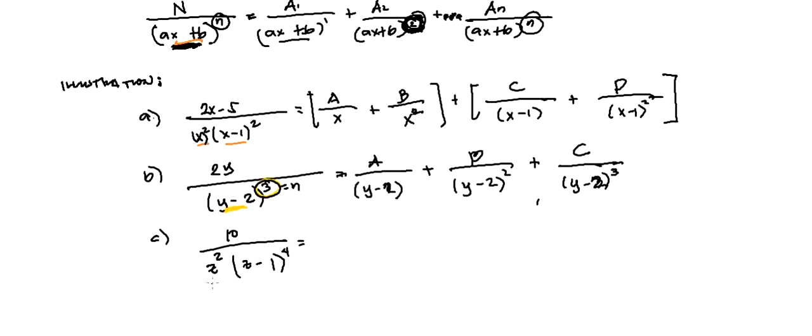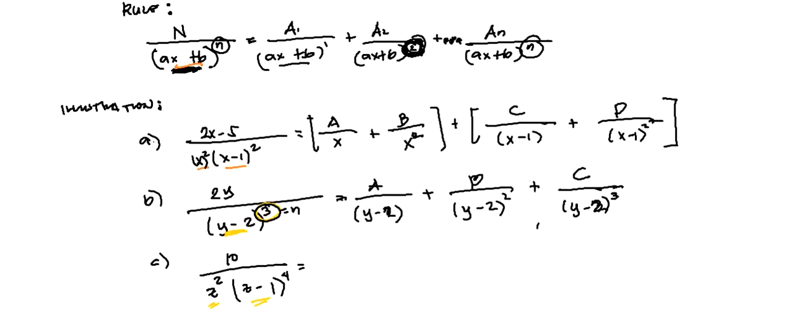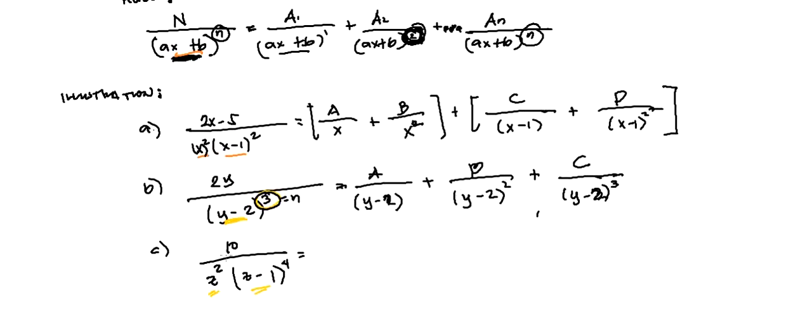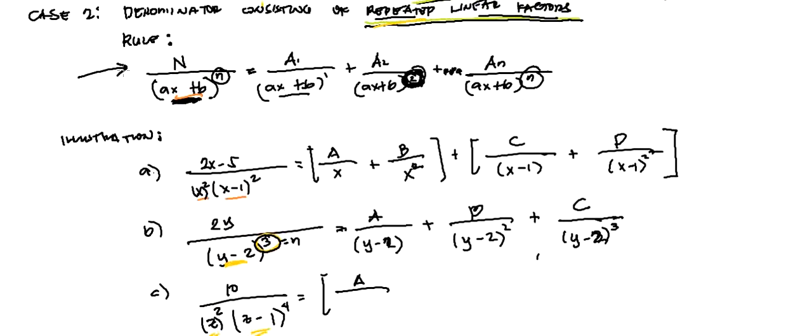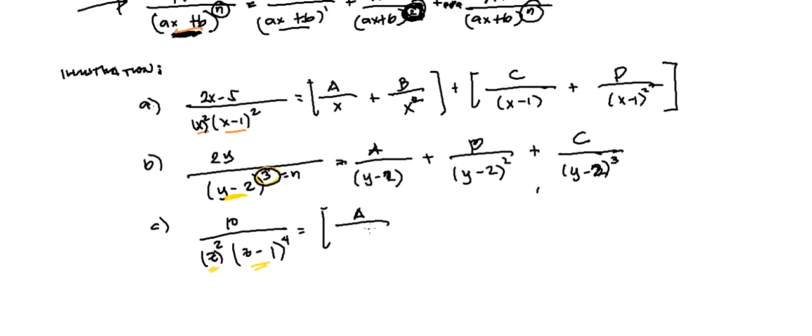We have two different linear factors, where n is equal to 2 and n is equal to 4. So our technique is to make a form like this. We have A all over z raised to 1 plus B all over z squared, and we end here for z raised to 2.